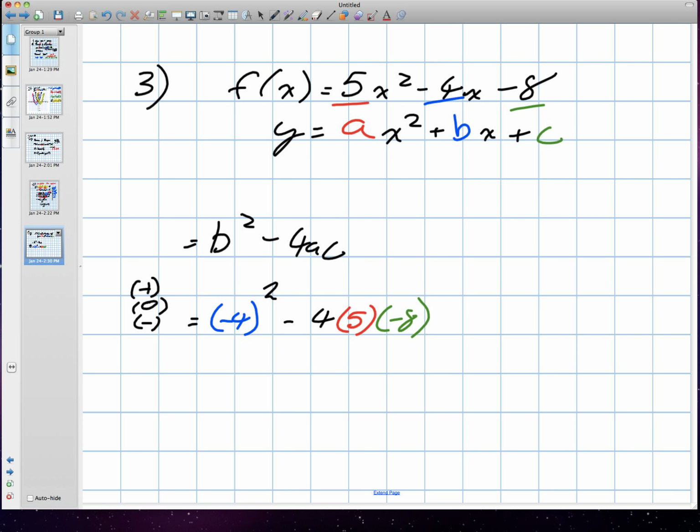Then all we've got to do is work it out. 4 squared. Negative 4 times 5, negative 20, times negative 8, positive 160. 176. The number itself isn't that important for what we're doing, but it is positive. Therefore, 2 roots in this question.